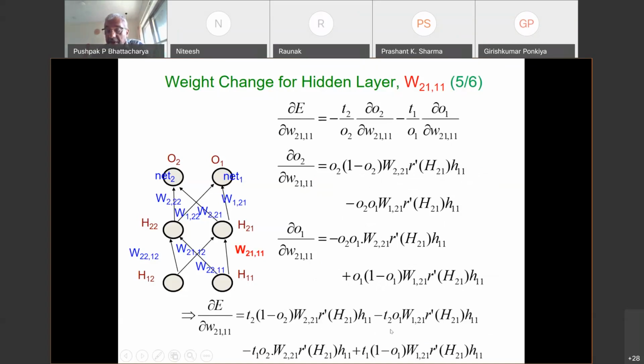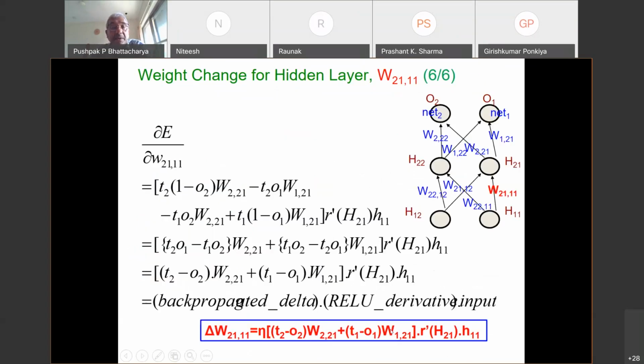By doing all these algebraic operations, we finally get the expression that the derivative of the loss function with respect to the weight is (T2 minus O2) into W221 plus (T1 minus O1) W121, into the derivative of the ReLU into the input arriving over the connection.